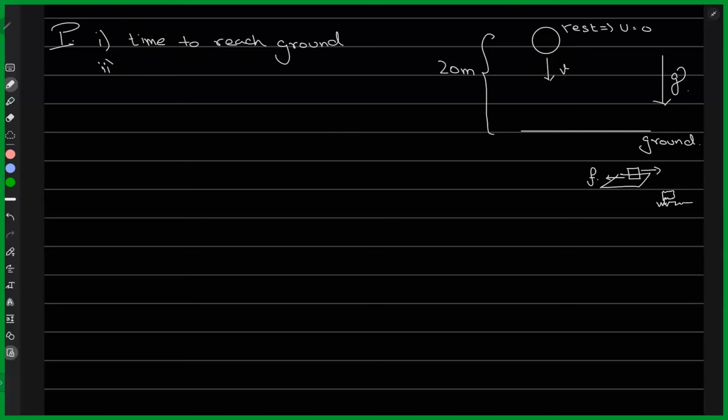The second thing that we'll compute is with what velocity the ball hits the ground. So what is the ball's velocity just before it hits the ground?